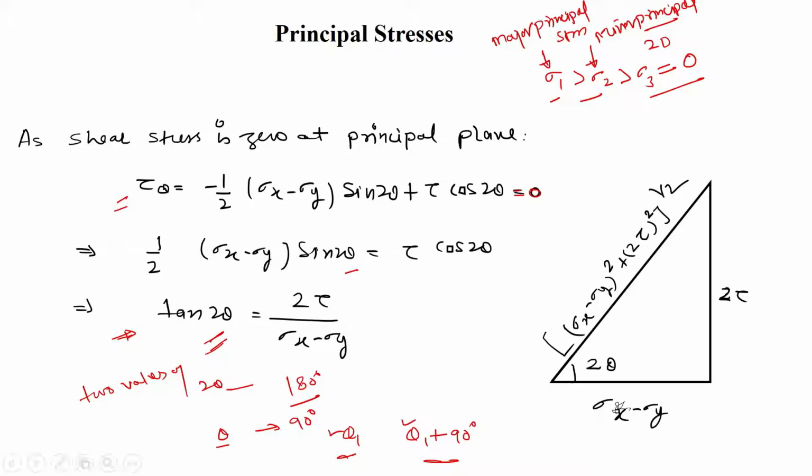If we construct a triangle using this formula, it will be something like this. This angle is 2 theta, the perpendicular is 2 tau, and the base is sigma x minus sigma y. So, we can say the hypotenuse is given by the square root of sigma x minus sigma y whole square plus 2 tau whole square.